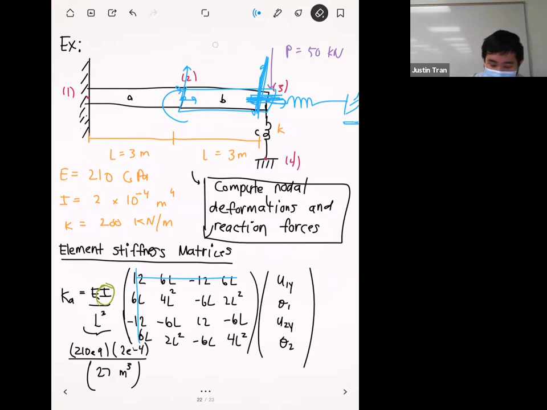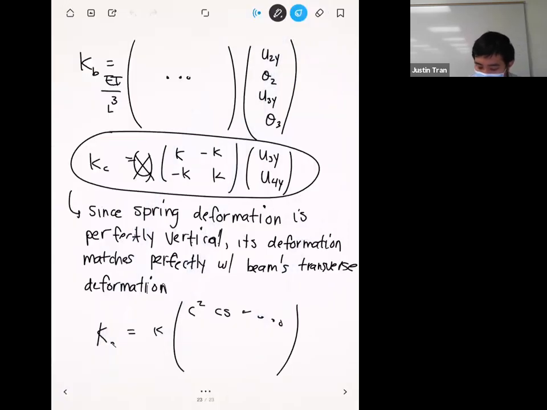Okay. All right, so those are the element stiffness matrices, and now let's move on to assembly. Assembly is the same as we always do, except now we have an extra degree of freedom for node 4. And so our matrix this time is going to be 7 by 7.